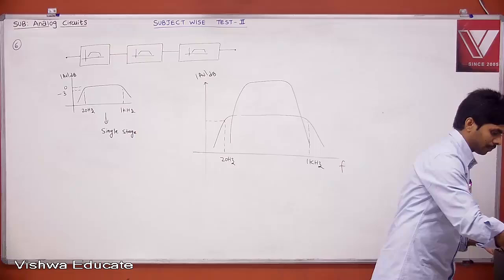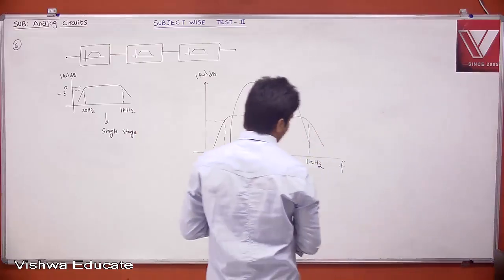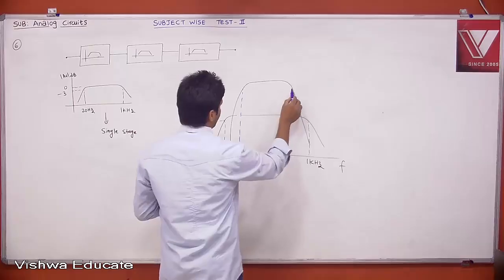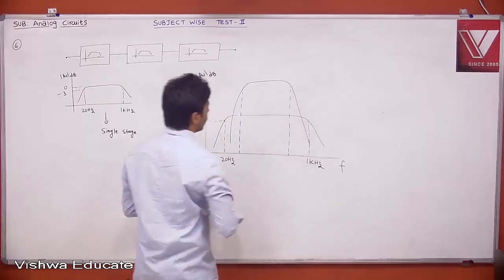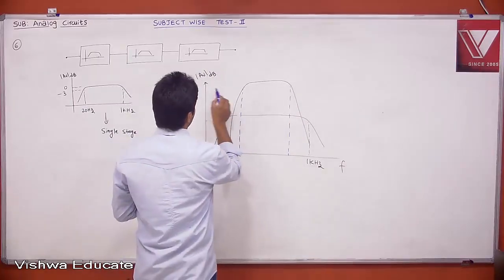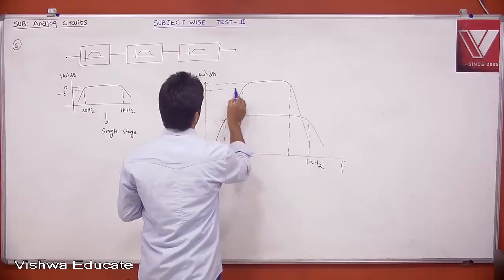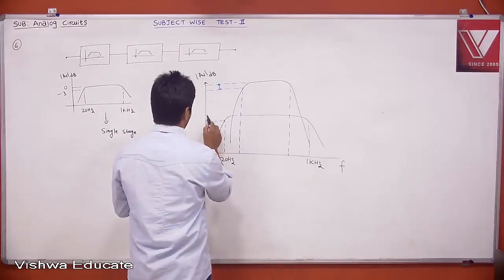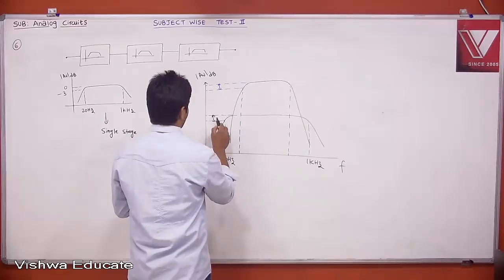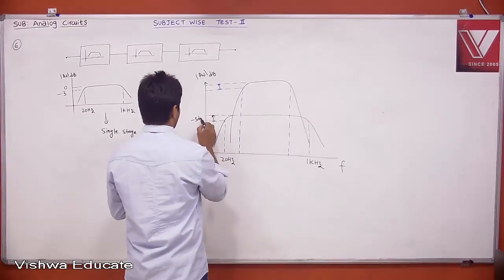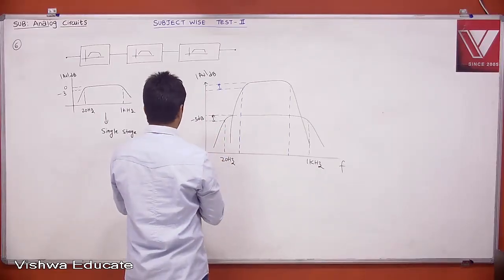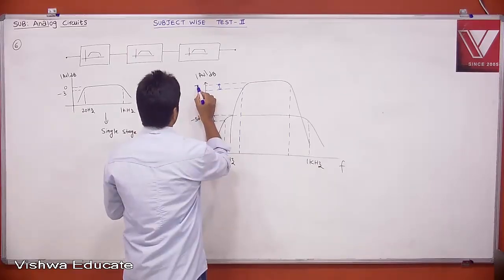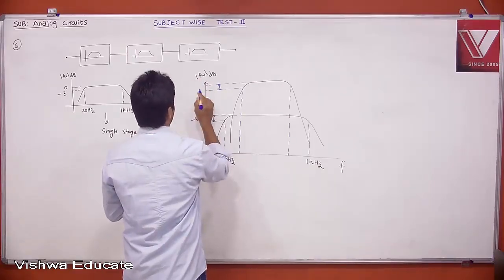That is what is being asked. What is the frequency response of an RC coupled amplifier? Now this is your 3 dB, this is our 3 dB, here also this is your 3 dB, minus 3 dB. That is why they are called 3 dB cutoff frequencies.